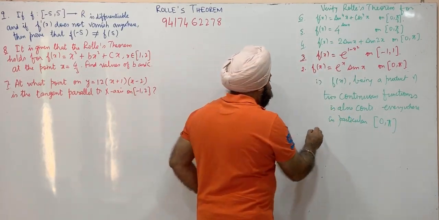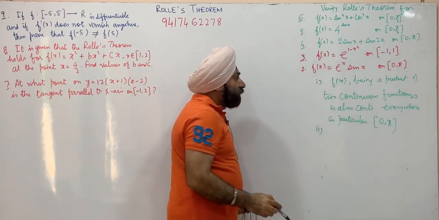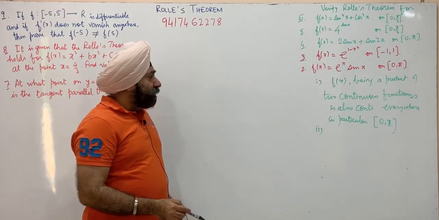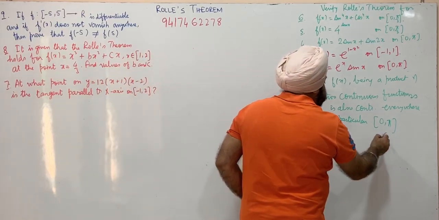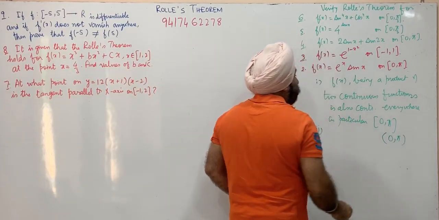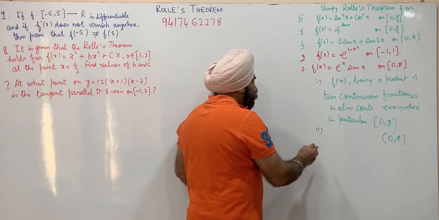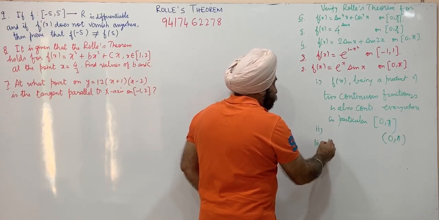Similarly, 2, f of x being a product of two differentiable functions is differentiable everywhere, in particular for the open interval 0 to pi. Third condition, we find f of 0.